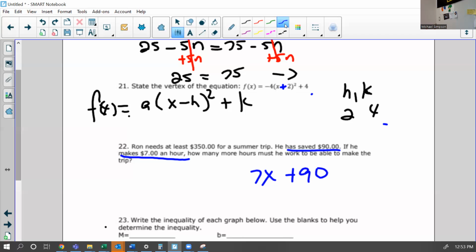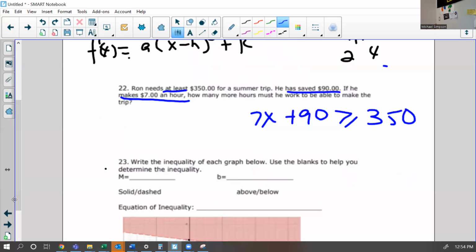And the key phrase right here is at least. You got to know your inequality symbol. At least is going to be the symbol greater than or equal to, 300. And here, all you got to do is solve for x. So minus 90 on both sides.